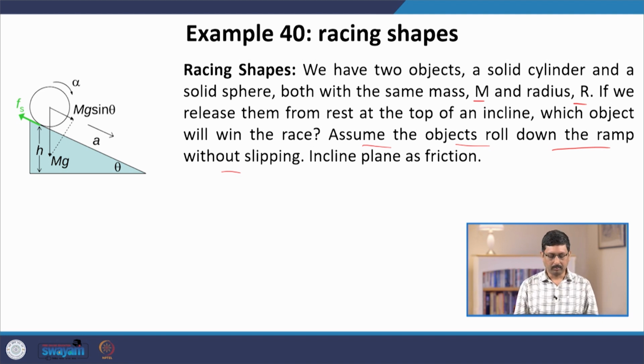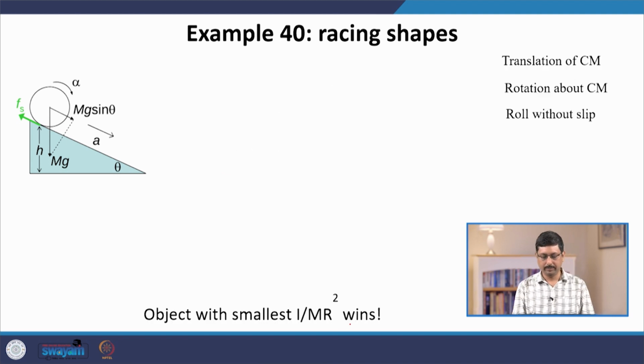In this case again we have a situation where these objects will have angular acceleration, which is given by alpha. Now, how to analyze this problem? We will see that the answer depends on the ratio I by mr square, where I is the moment of inertia of the object.